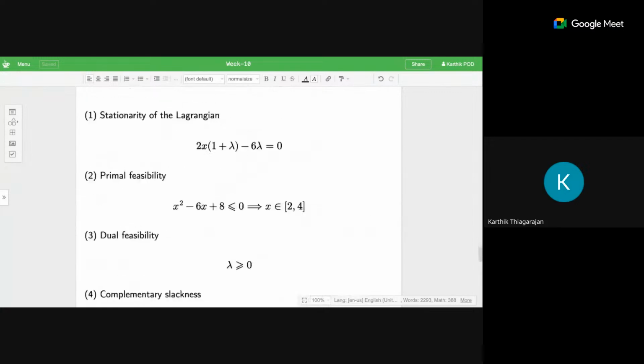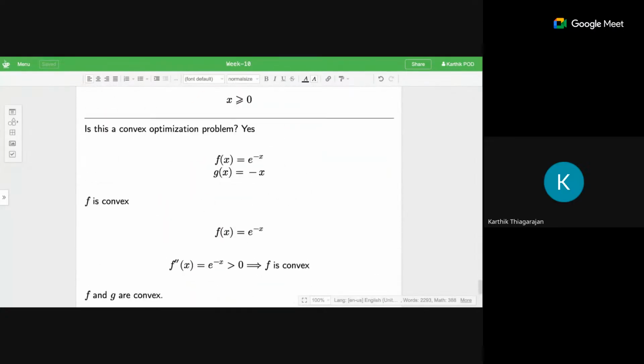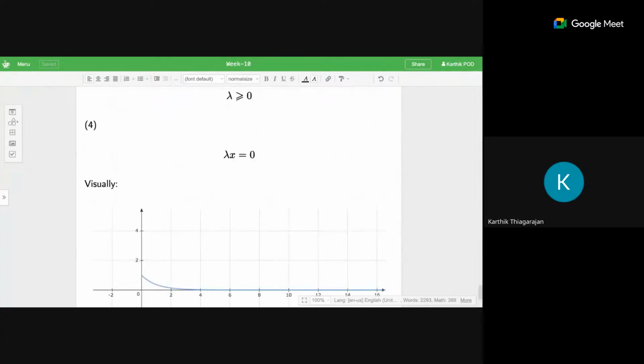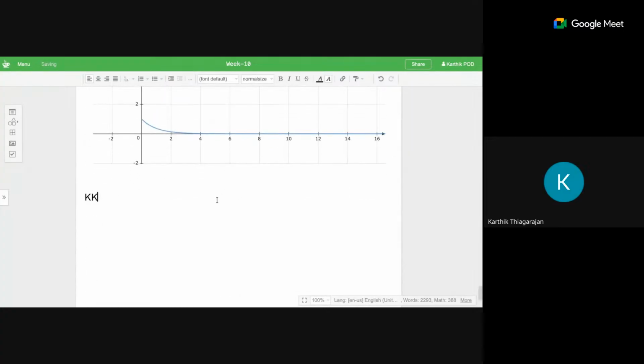Okay, so what I mean to say is, KKT conditions do not guarantee the existence of an optimum for every convex optimization problem. Okay, so this is important to understand.